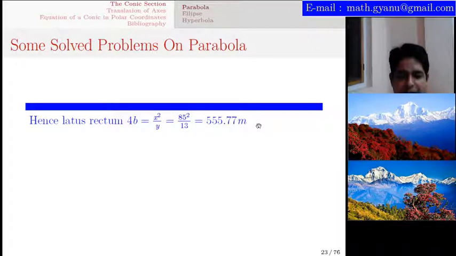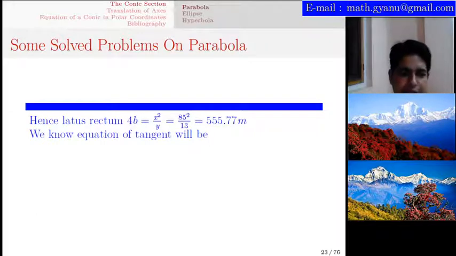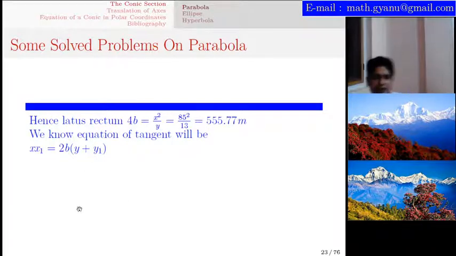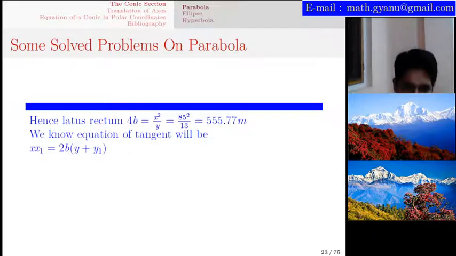Further, we have to find the angle of inclination at the horizon. We know the equation of the tangent is x x1 equals 2a(y plus y1). The angle of inclination is given by the slope of the tangent line. To derive it, put x1 equal to 85 and y1 equal to 13.